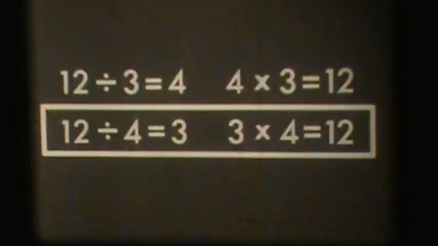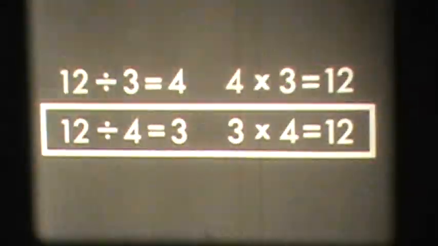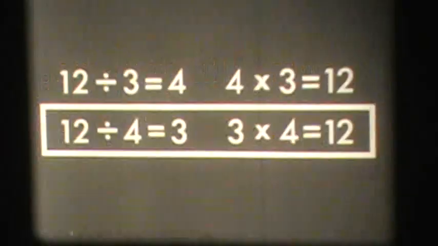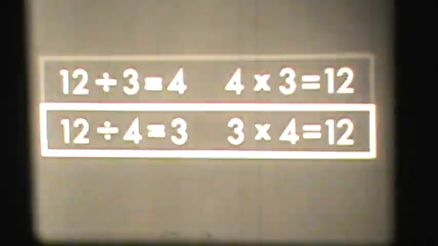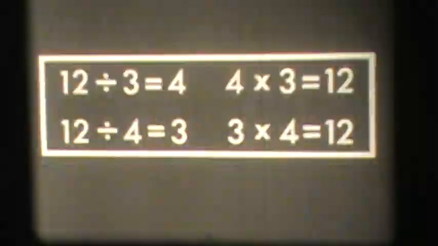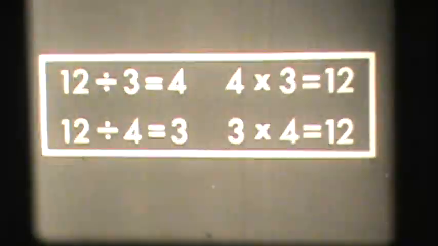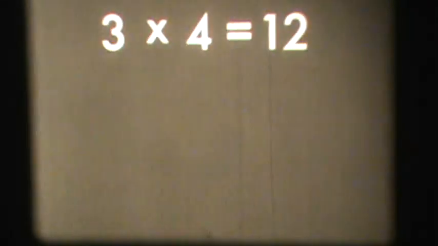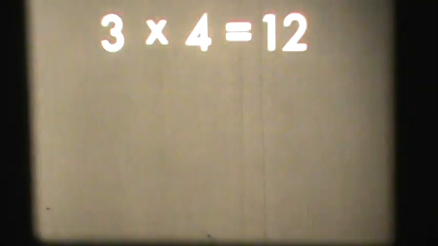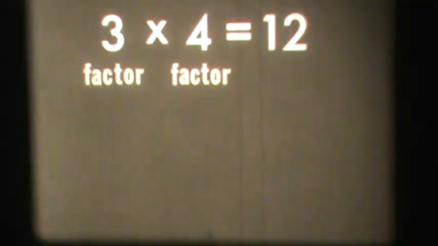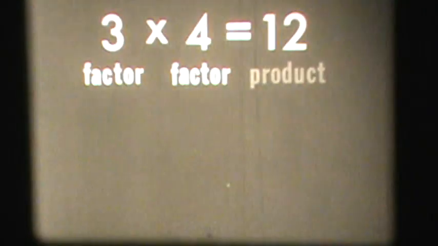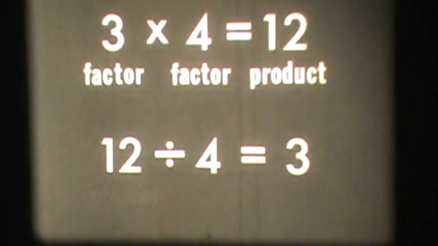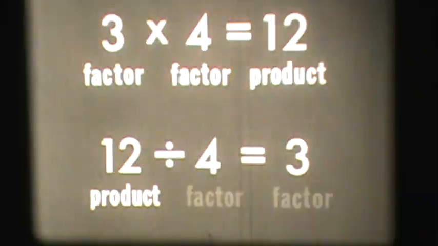This is the division fact that goes with the multiplication fact 3 times 4 equals 12. So we see that we now have 4 number facts. They make up a number family. We know that in a multiplication fact, these are the factors, and this the product. In a division fact, this is the product, and these are the factors.